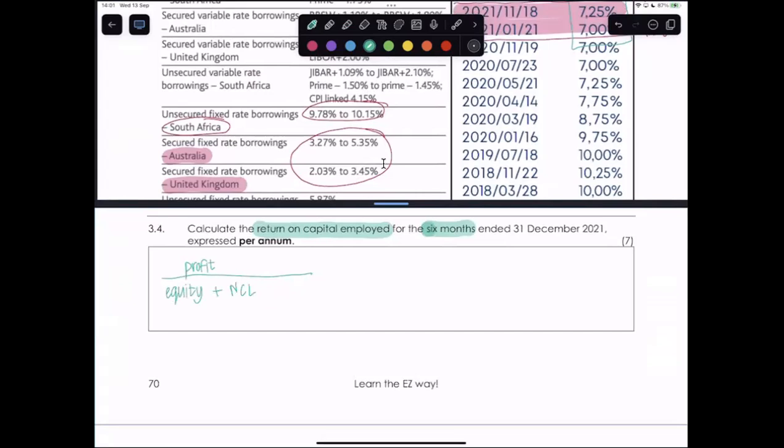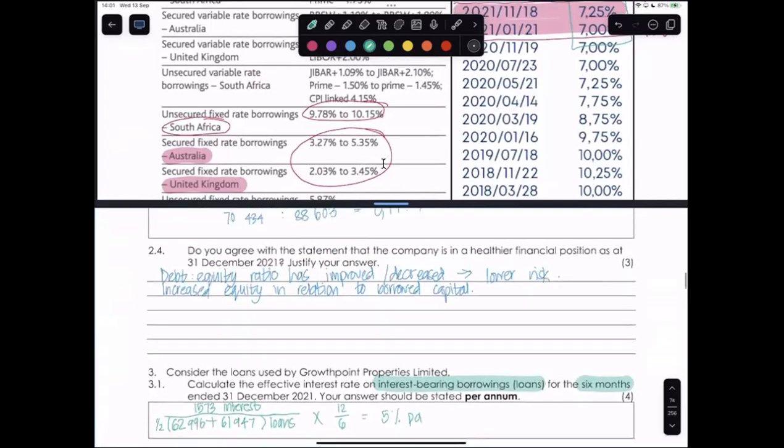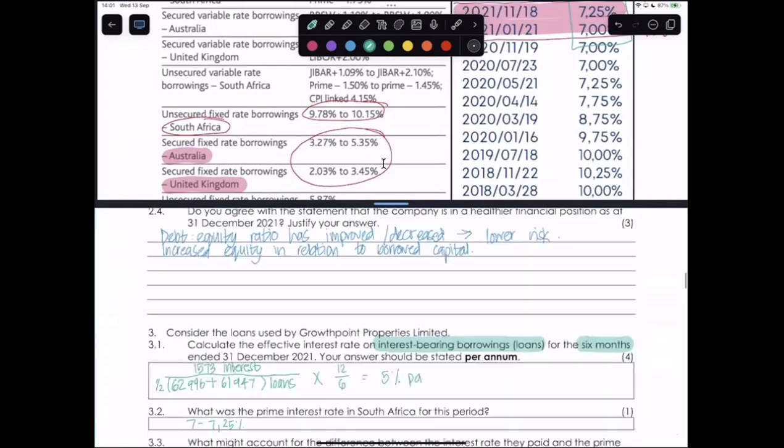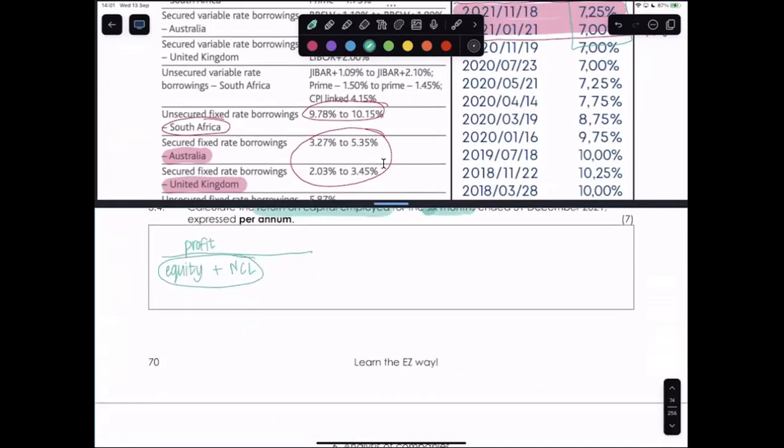Interestingly, do you see that this figure over here is made up of the same figures that we used over here for the debt-equity ratio? Keep in mind that because we're comparing the statement of income to the statement of financial position, and statement of income is for a period of time and SFP at a period of time, remember that you want to average your beginning and your end figures.